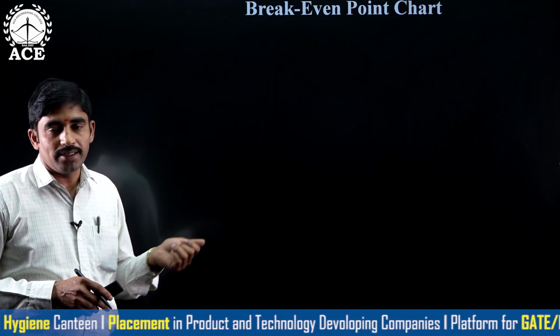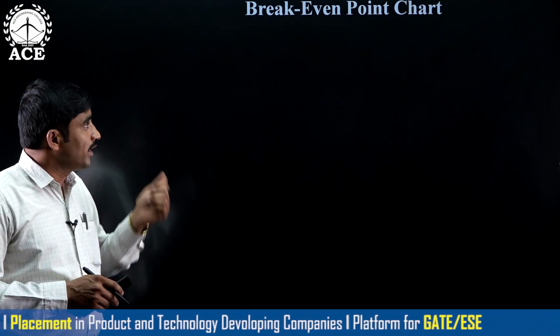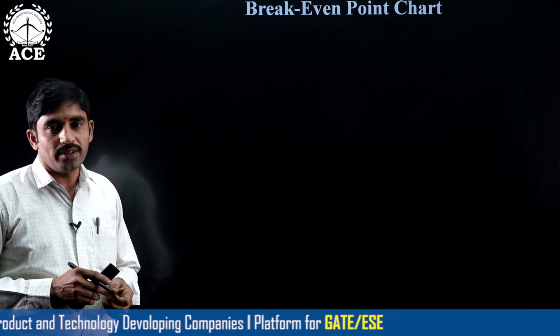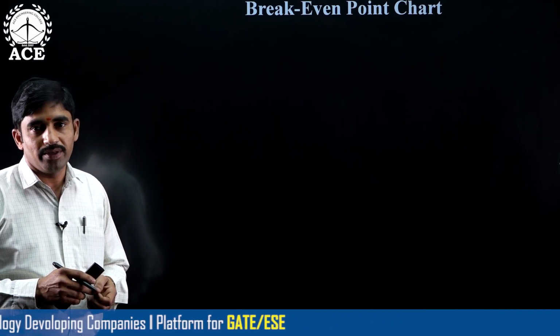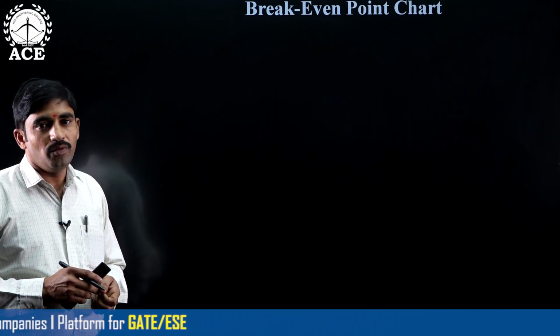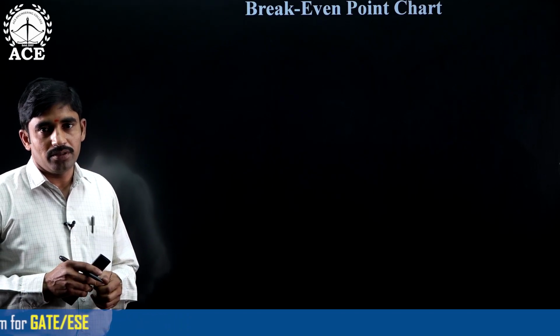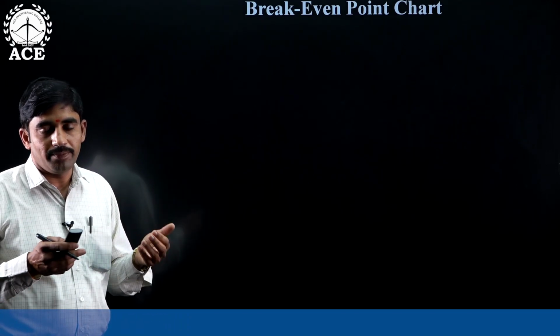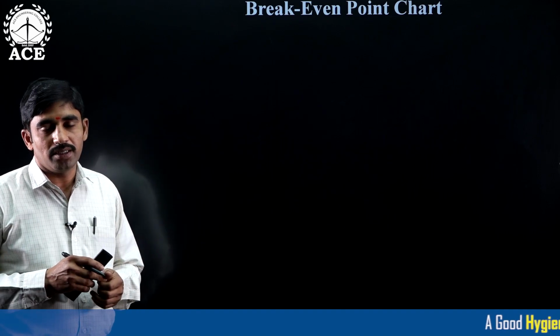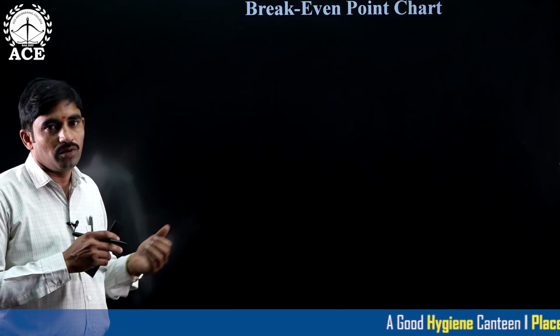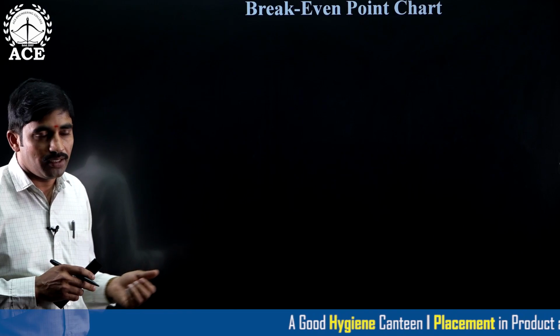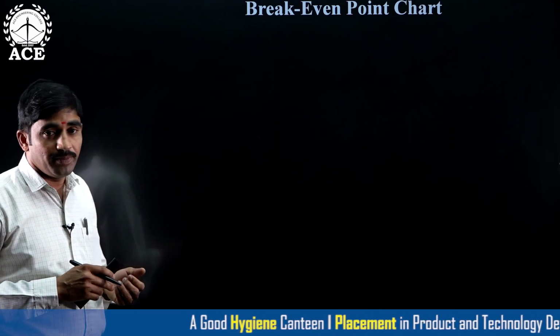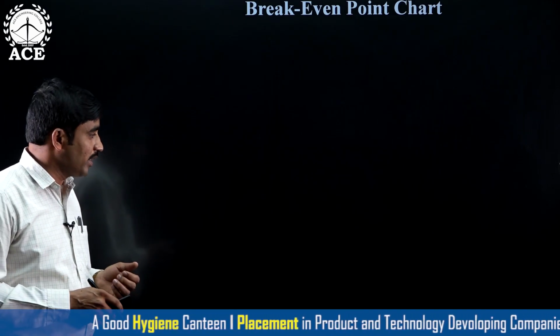Now let us understand the break-even point chart, or the graphical representation of a break-even point. If we want to determine the break-even point, we may calculate it using numerical calculations or also graphical representation. Now let us see how the break-even chart can be constructed using the various variables.